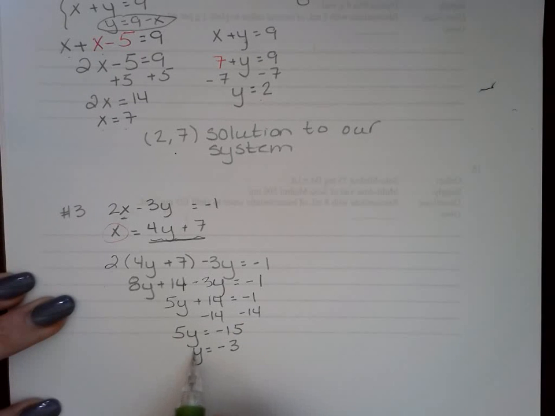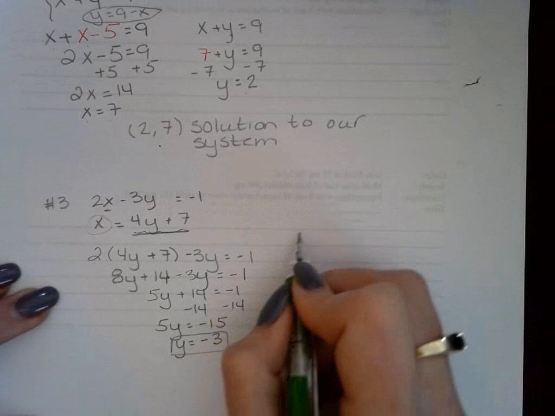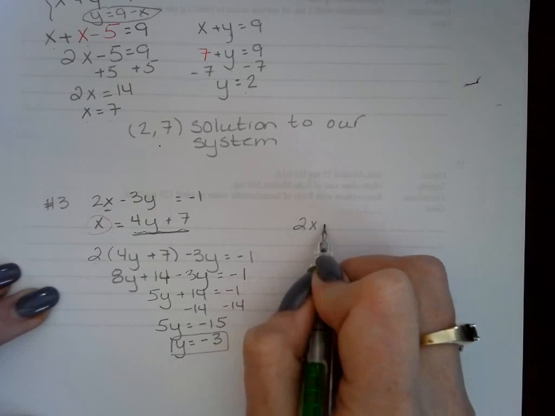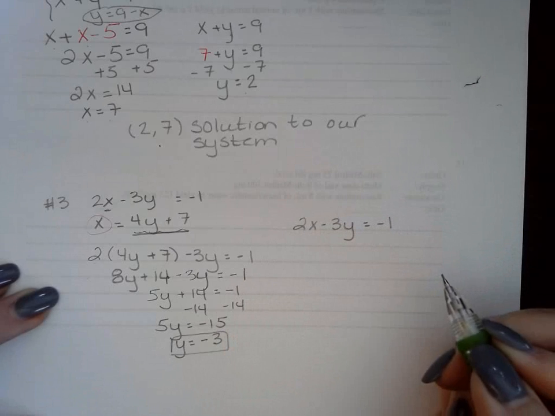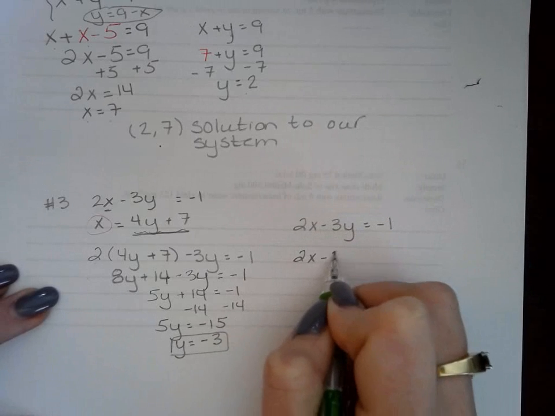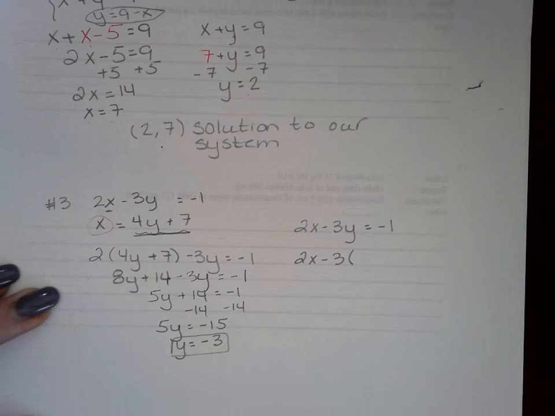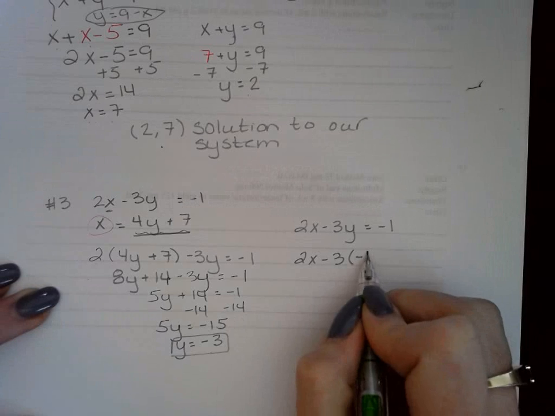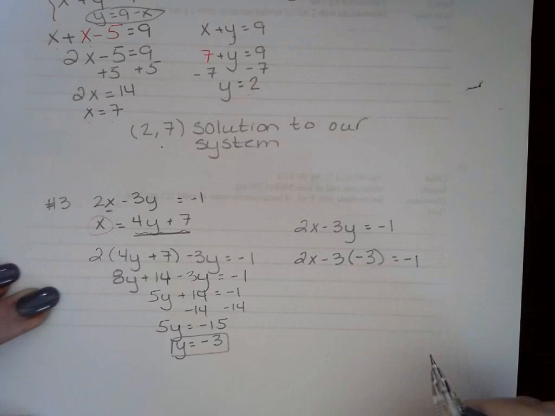Now that we know what y is, we need to go back and find out what x is, so we have the ordered pair. We're going to take this and substitute it back into any equation. I'm just going to randomly pick the first one: 2x minus 3y equals -1. 2x minus 3, we know that y is equal to -3, and that is equal to -1.